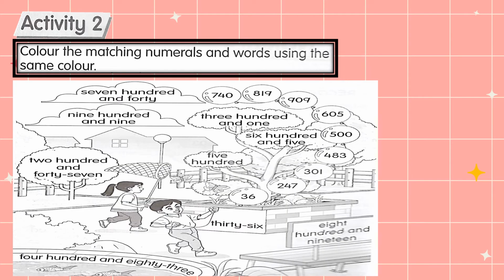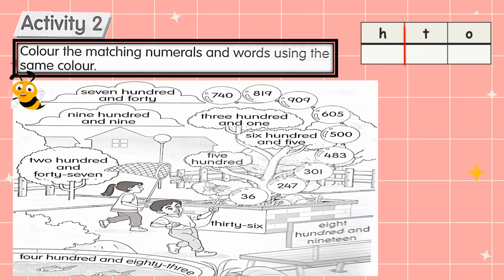Activity 2. Read the instruction. Color the matching numerals and words using the same color. Look at this word. Let's read 740. How to write in numeral? Let's use the place value chart. Start from hundreds. Look at the word 700. So we write number 7.